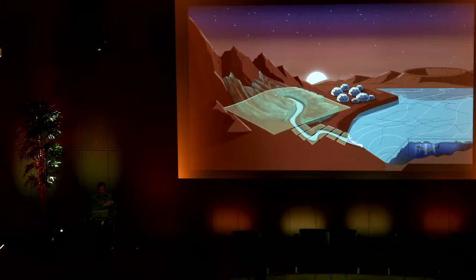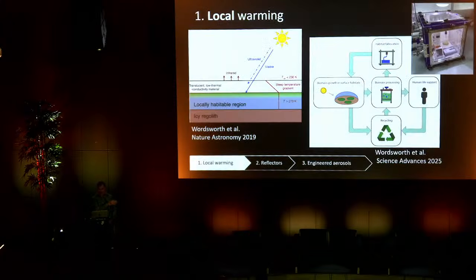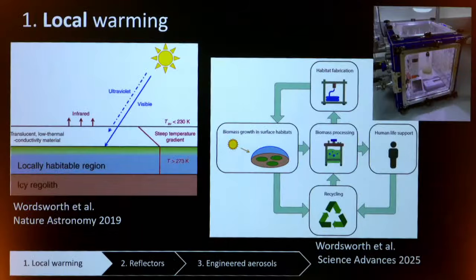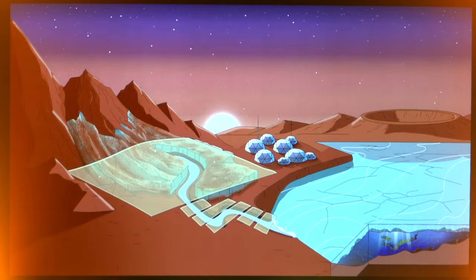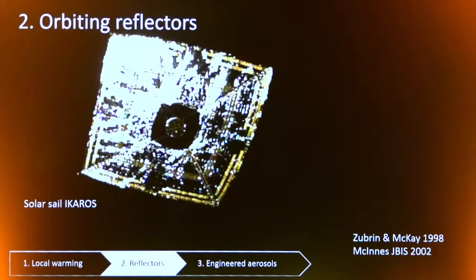So local warming at the scale of a flask, at the scale of a field filled with bioplastic habitats produced through this exponential growth method, or at a slightly larger scale, you can have melting of a debris-covered glacier to produce an ice-covered lake. Another method is orbiting reflectors.